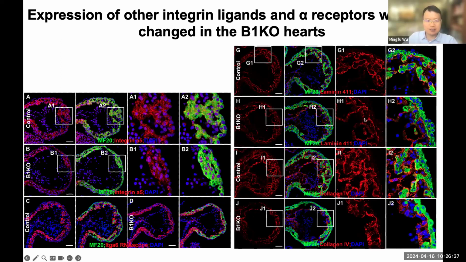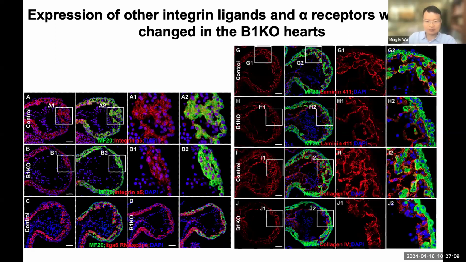There's not much difference for both laminin 411 and collagen 4. But both of them display an asymmetric distribution pattern. You can see they're accumulated on the luminal side of the myocardium for both the laminin and also for the collagen 4 here.